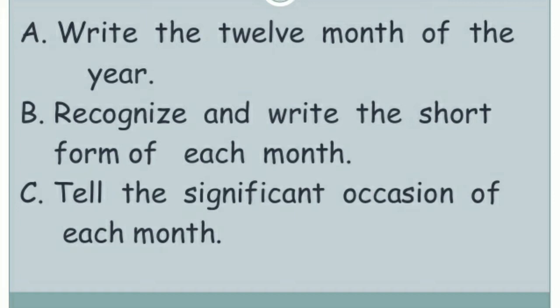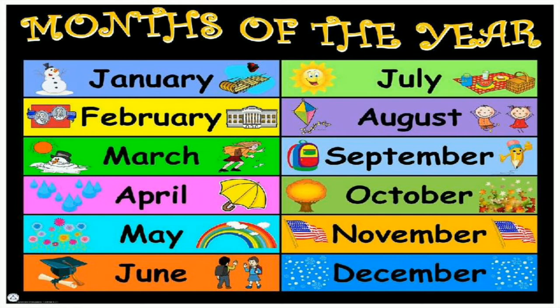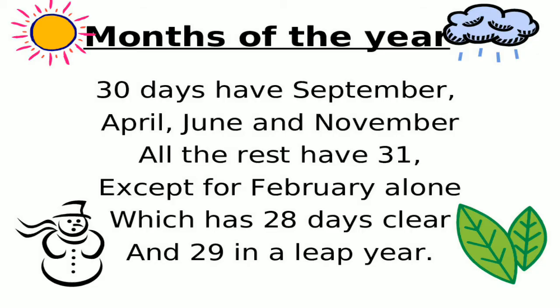Now tell the significant occasion of each month. We celebrate kite flying day in January, Independence Day in August, and Christmas in December. These are the occasions of each month, and we also find that in June we all go to school.